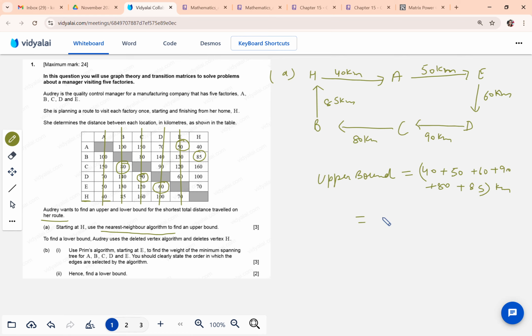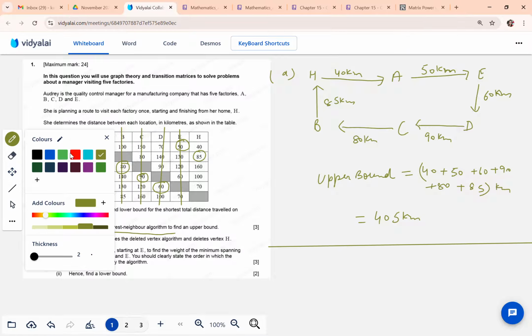So this will be 40 plus 50 is 90, 90 plus 60 is 150, 150 plus 90 is 240, 240 plus 80 is 320, 320 plus 85 is 405 kilometers. So this is our upper bound that we have found out using the nearest neighbor algorithm. So this was all about part A.